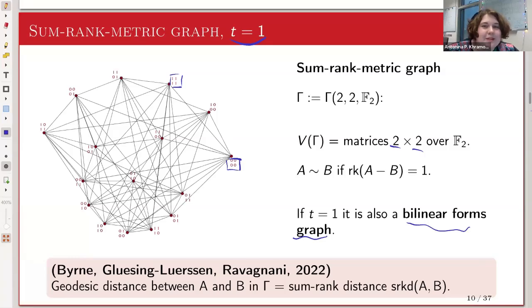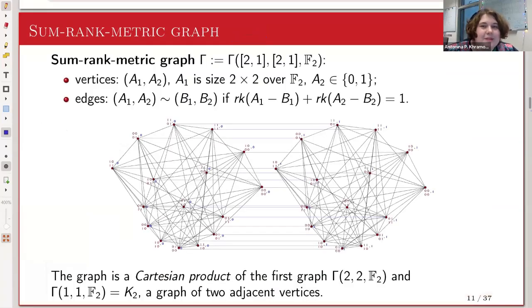And if we want to take it one step further and have t equal to 2, here we have now two matrices in the tuple. The first one is 2 by 2. The second one is just 1 by 1, so over F2 it's just 0 or 1. The graph looks like this.